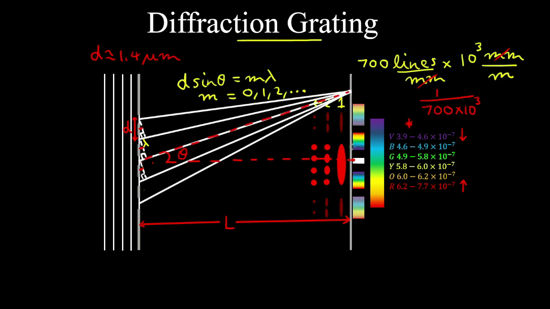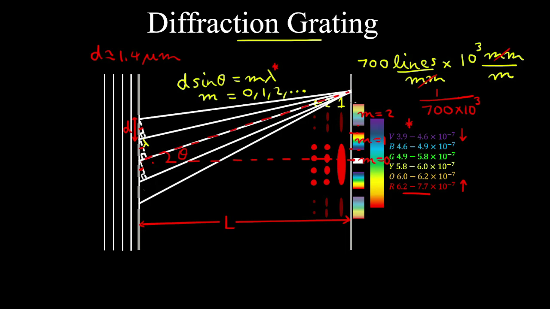But as you keep increasing the angle theta, given the difference between the wavelengths of light, we see that red, having the larger wavelength, gets diffracted further than the violet light with the smaller wavelength. So as we can see, the light gets blurred as we move from m equals 0 to m equals 1. So this is the first order rainbow, and m equals 2 is the second order rainbow.